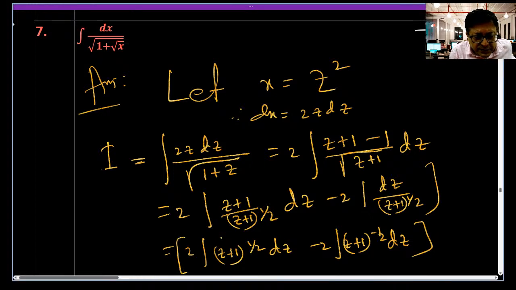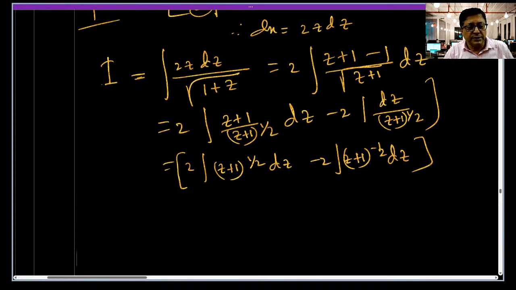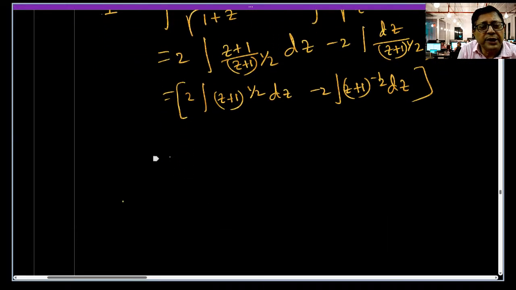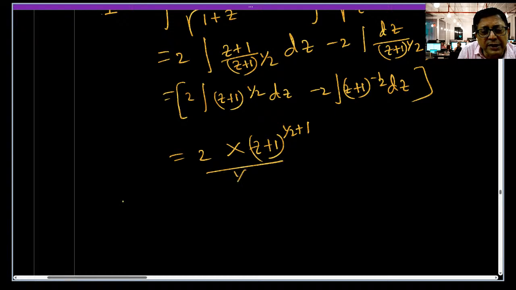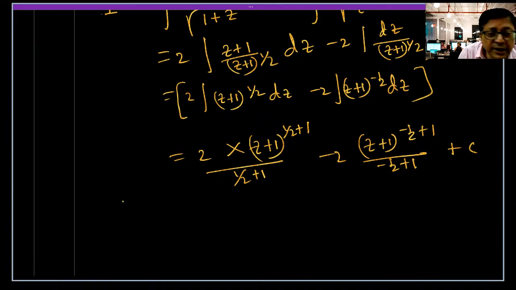This is the sum. Now integrate and substitute the value of z. So this will be 2 into half plus 1 by z plus 1 to the power, plus c. Clear?